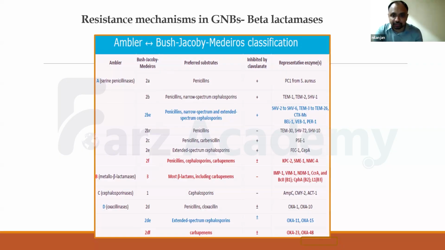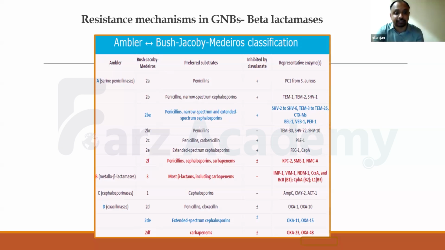The other one is KPC, which is also quite common in MDR organisms. So if a patient has a KPC pattern, a TEM pattern, TEM-1 or TEM-2, or a CTX-M pattern, that is class A.